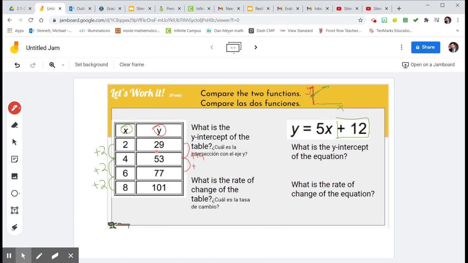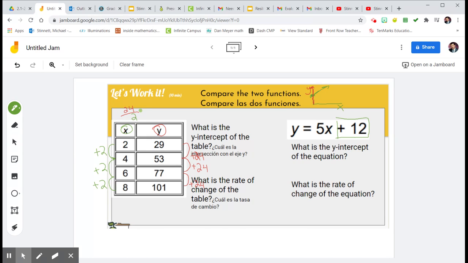Sorry, guys. 24. And then plus 24. And the same here, plus 24, right? So each time my y increases by 24, my x increases by 2.